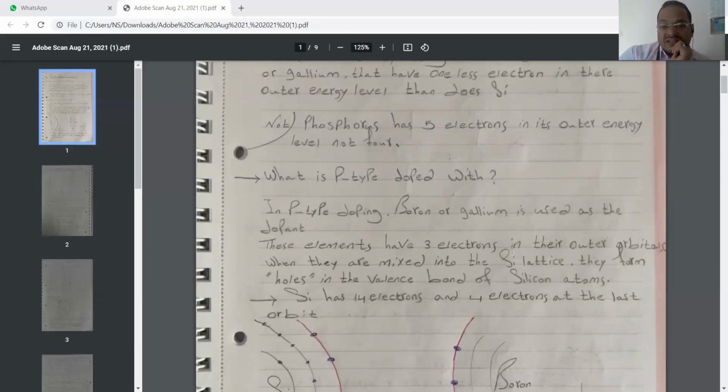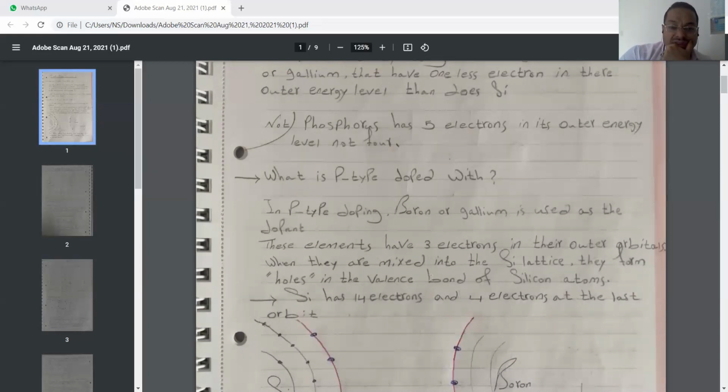These elements have 3 electrons, like I said before, in their outer orbit. When they are mixed into the silicon lattice, they form holes in the valence band. Let's imagine what that means. Holes, what does that mean, what is the appropriate definition of this word?